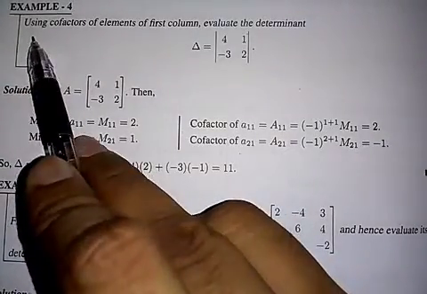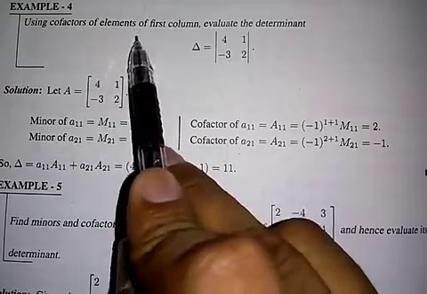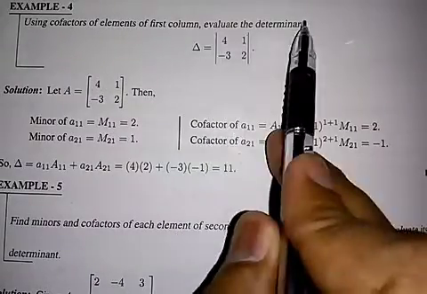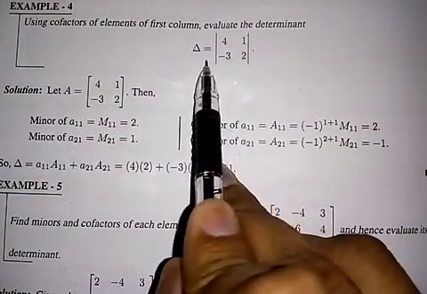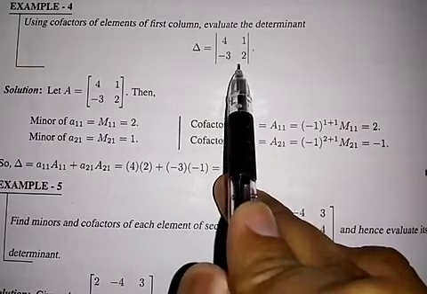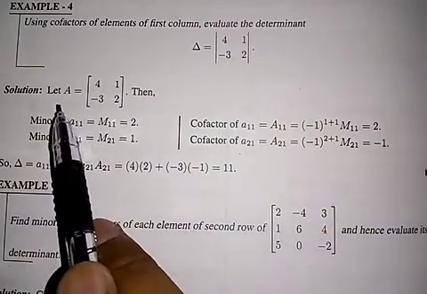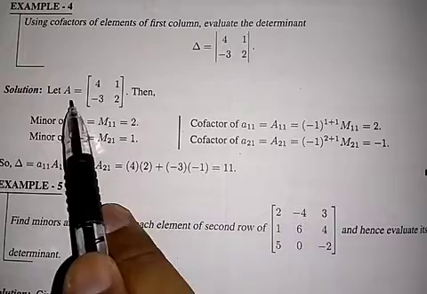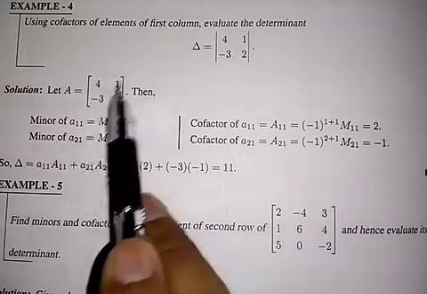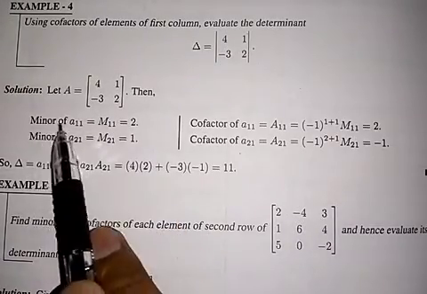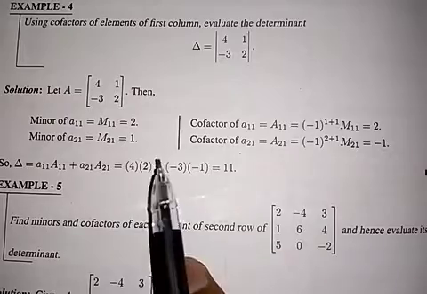For example, using cofactors of elements of the first column, evaluate the determinant. We have a determinant of order 2 by 2, with matrix A of elements 4, 1, minus 3, 2. We find the minors and cofactors of the given matrix.